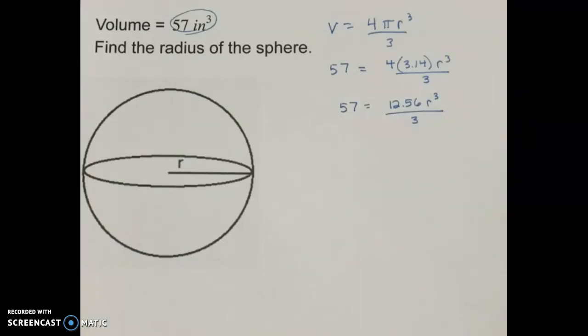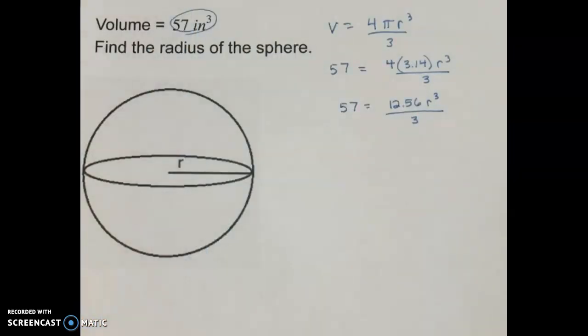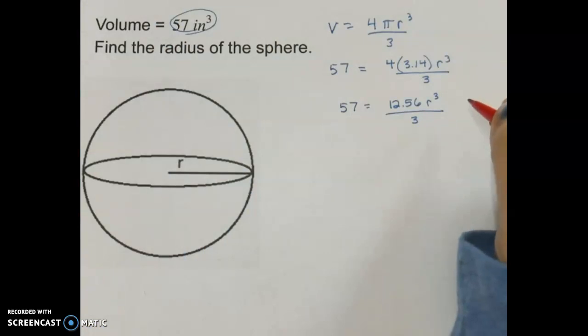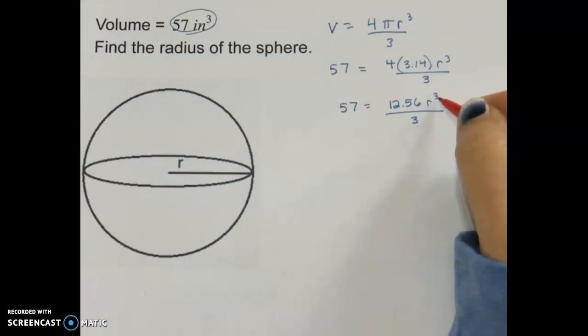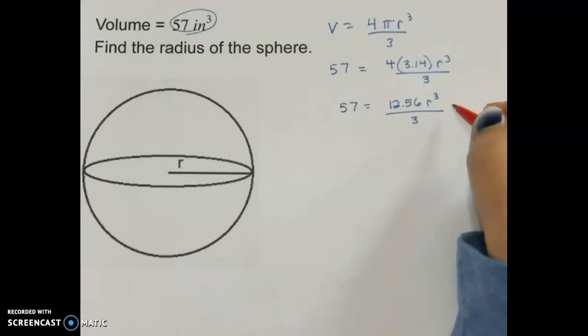All right, our next step is going to be to try to get rid of that divided by 3. Just as a reminder, when we're solving equations, and what we're really doing here is trying to isolate r, I want to use inverse operations to undo some of the math that is happening.